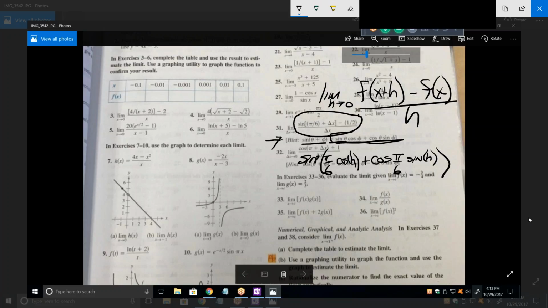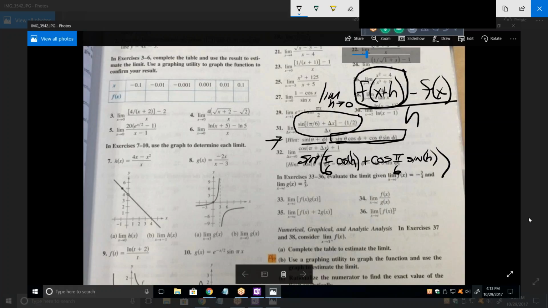This is what you get. That is the formula for the sum of the sine of two angles. With me? Okay. I'm going to write it like that.